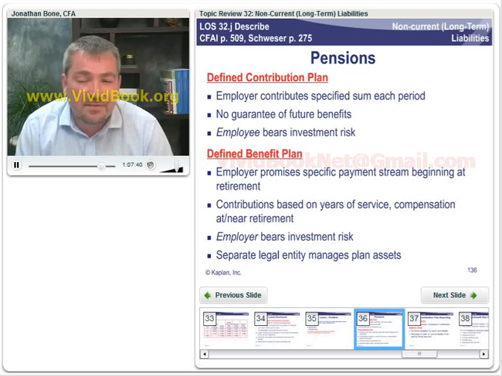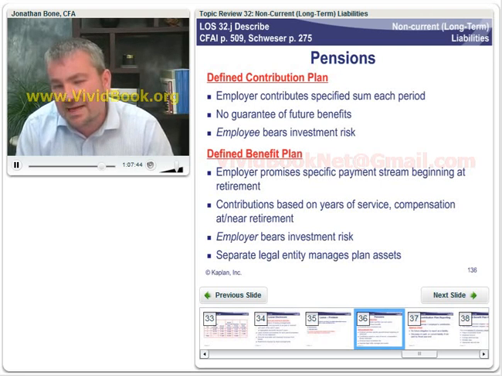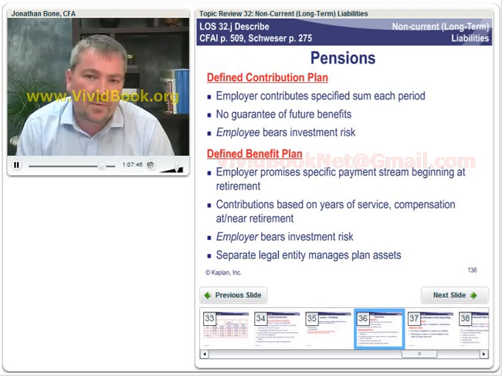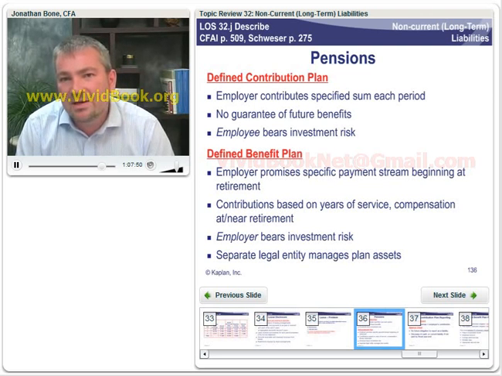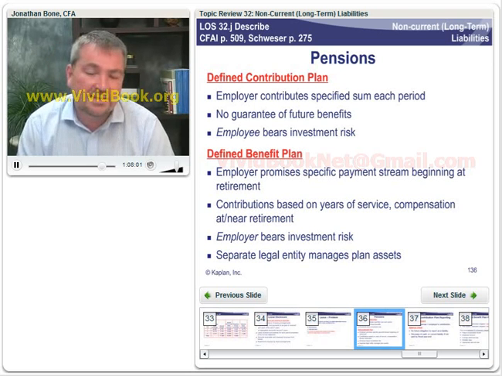Why do they have the investment risk? Because they need a pool of assets sufficient to generate these cash flows that they've guaranteed to you on your retirement. So here we tend to set up our pension as a separate legal entity to manage the plan assets to ensure that it can meet those payments, if you like, to the employees on their retirement.